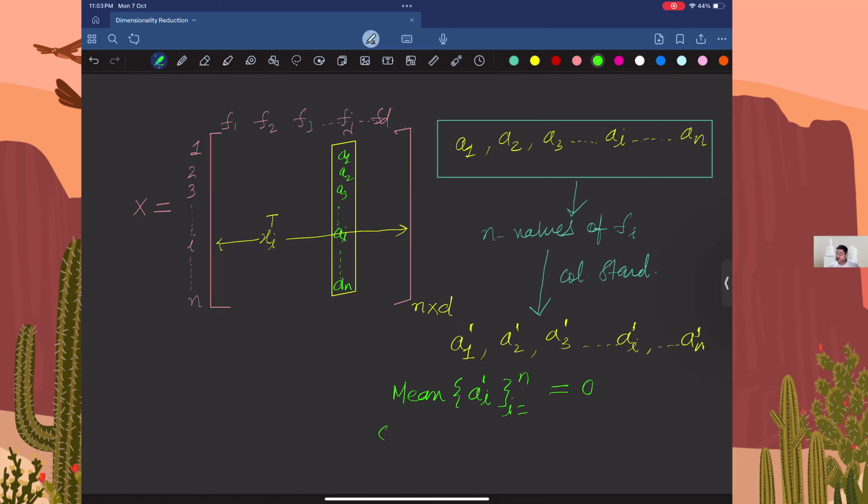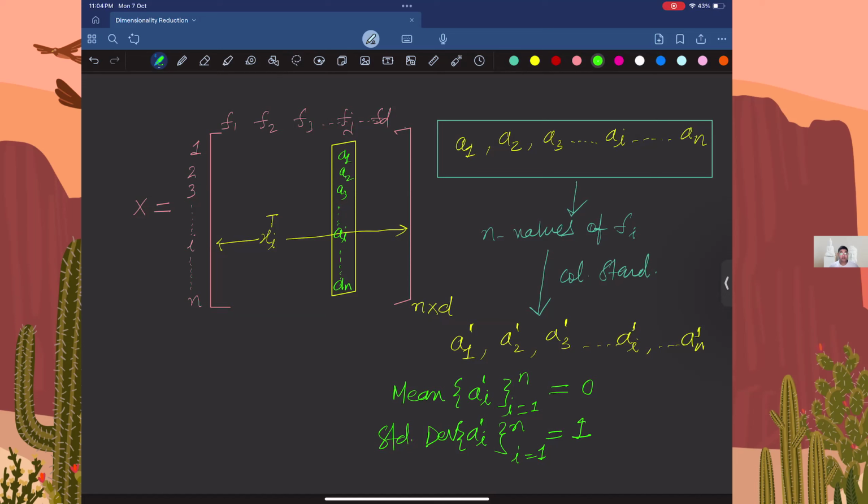And my standard deviation of my AI dash, where I is equal to 1 till n, is equal to 1. This is the main thing.